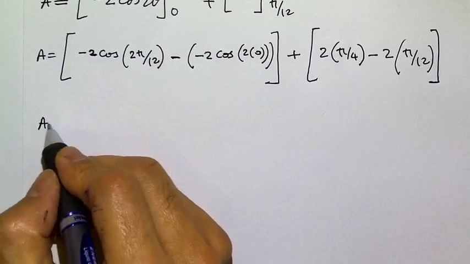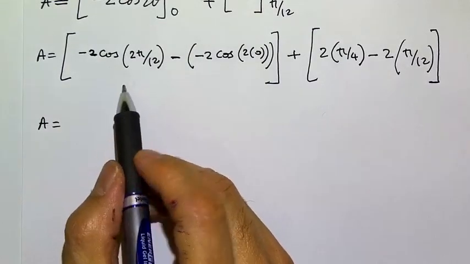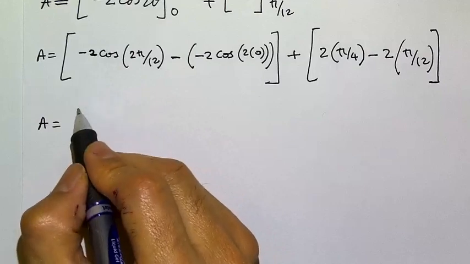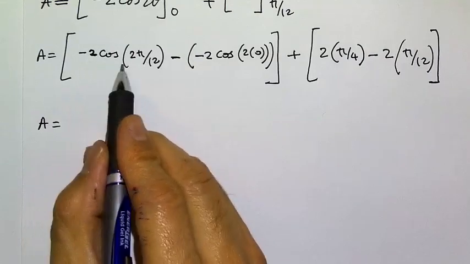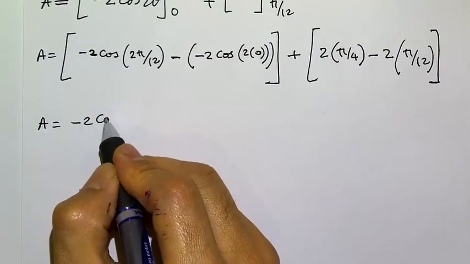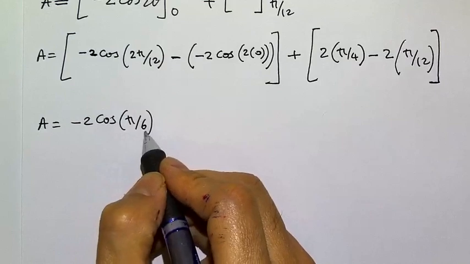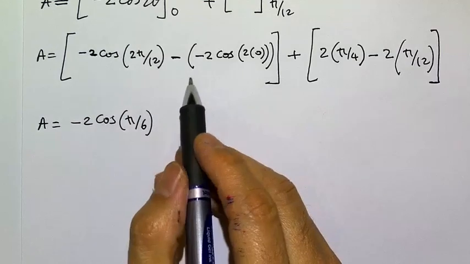Okay. So area then is equal to minus 2, this is pi over 6, minus 2 times cosine of pi over 6, which of course is square root of 3 over 2, but we'll get to it later.